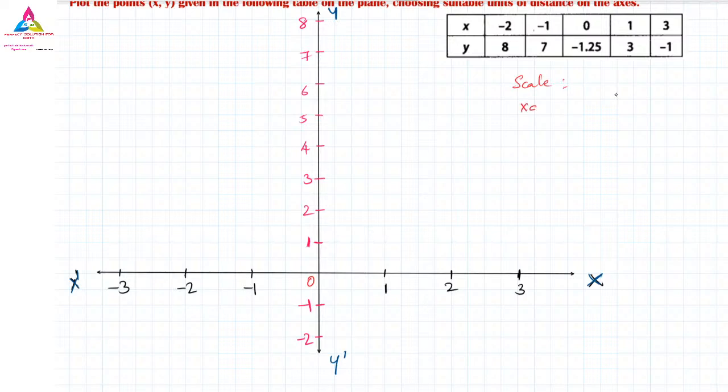Here you can see the x-axis: I have left 1, 2, 3, 4, 4 centimeter. On the x-axis, 4 centimeter is equal to 1 unit. Remember. And for the y-axis, I have taken a difference of 1 and 2, so 2 centimeter is equal to 1 unit. So however much you have left, you write it down. I am not saying that the x-axis and y-axis scales will be the same.